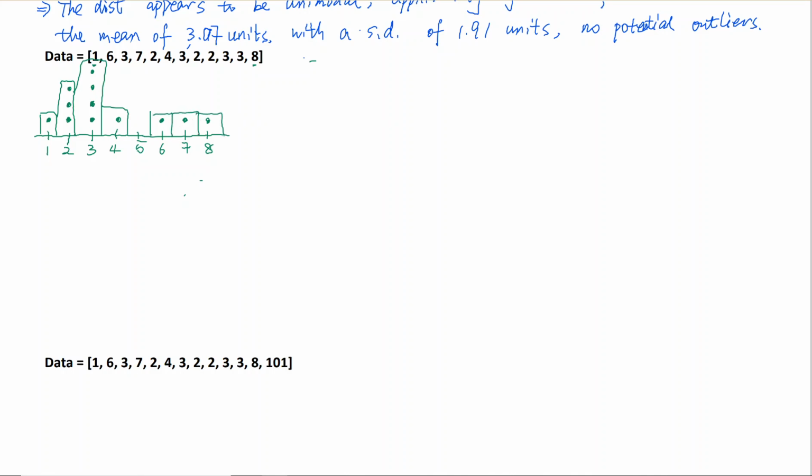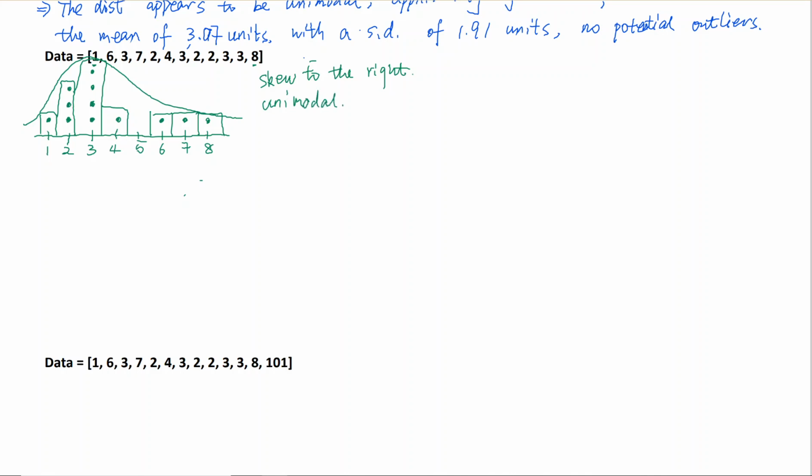All right, now if you draw this overall shape, it will be what? It will not be symmetric. It is skewed to the right, right? All right, next part, we need to decide it is, again, unimodal.